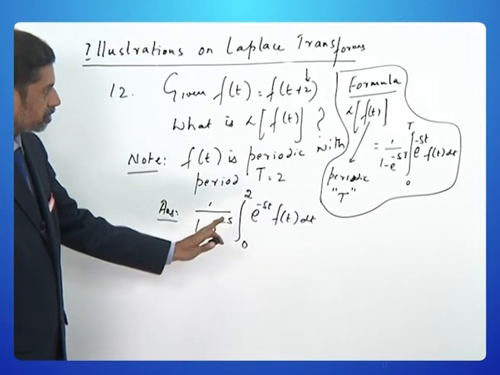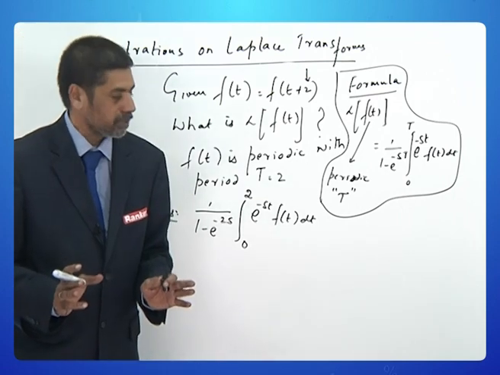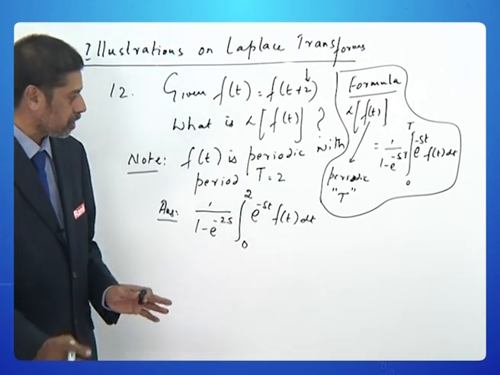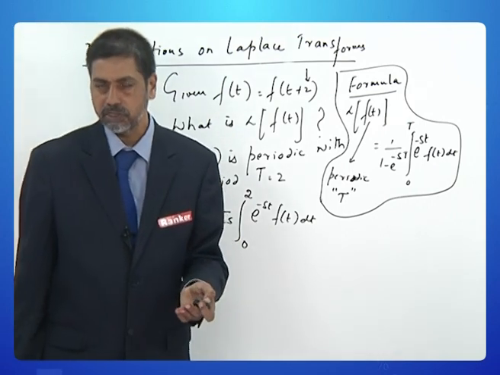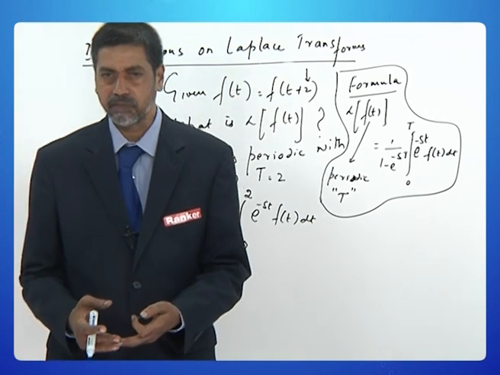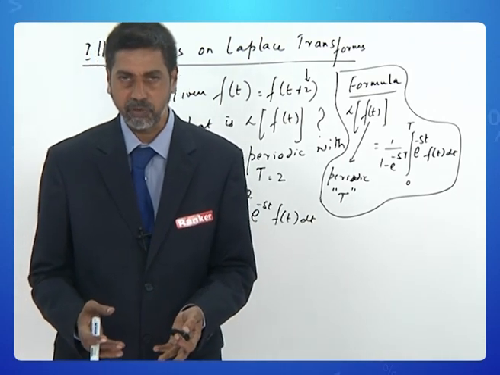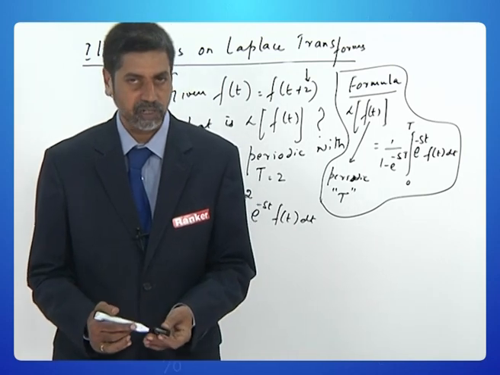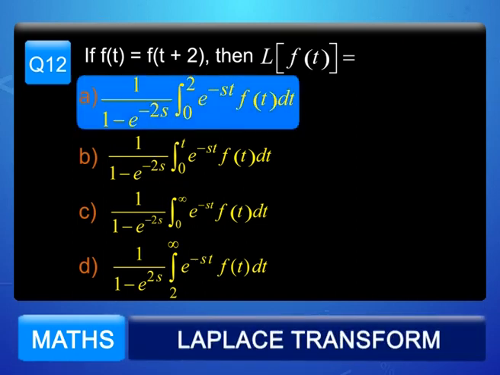So, it is a straightforward application, but unless you are in touch with all the formulas, you will not be able to recover this. Remember, a small variation of 1 or 2 marks can alter your fate. Instead of landing into a good IIT, you may not get an admission at all. Okay, so just be watchful. Correct option is A.